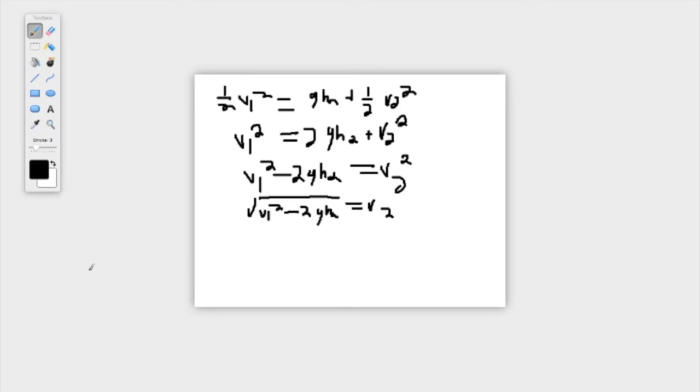So when you plug everything in, you should get a value of around 13.78. And make sure to remember h2 is 32.2 meters, and v1 is the previous answer, what we calculated.